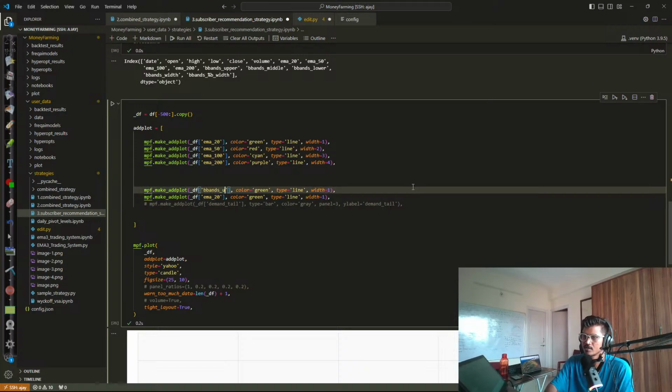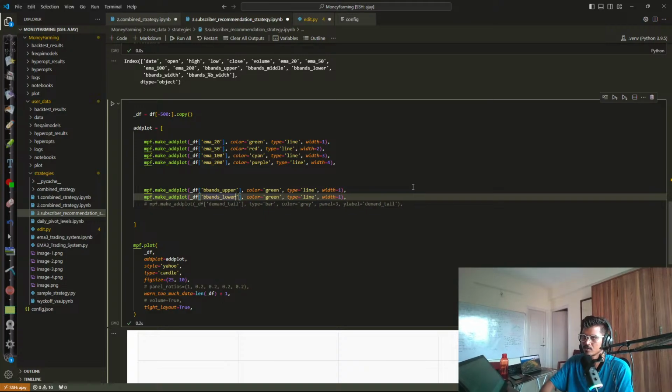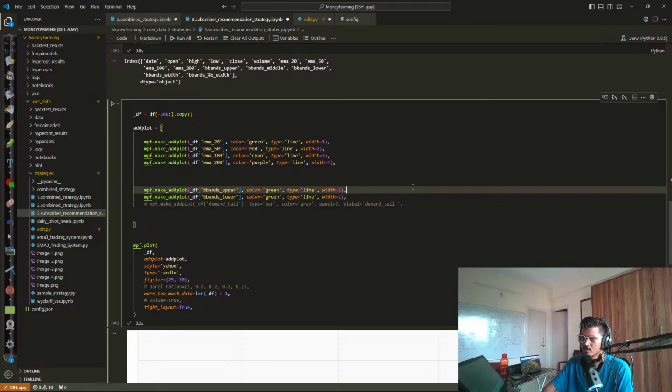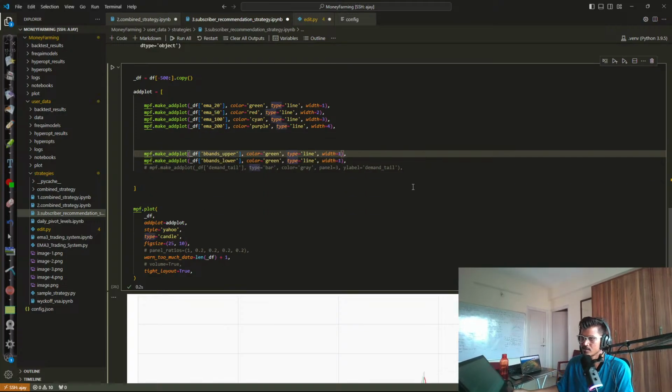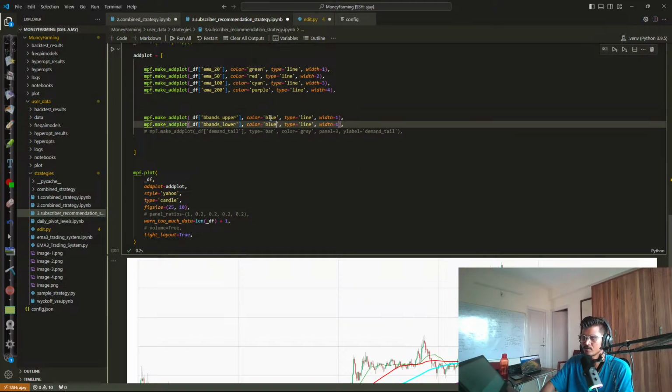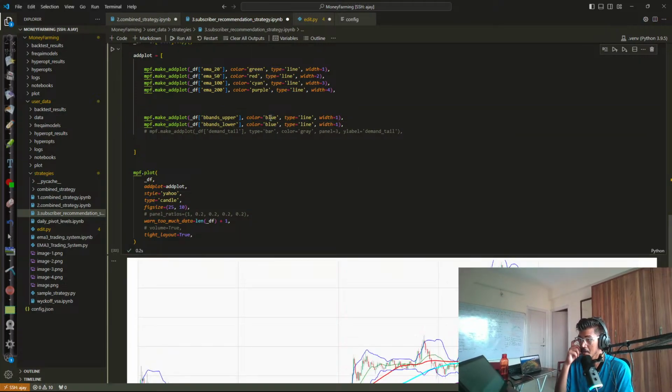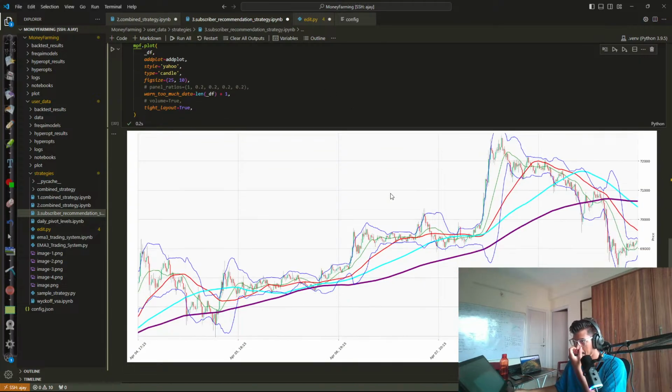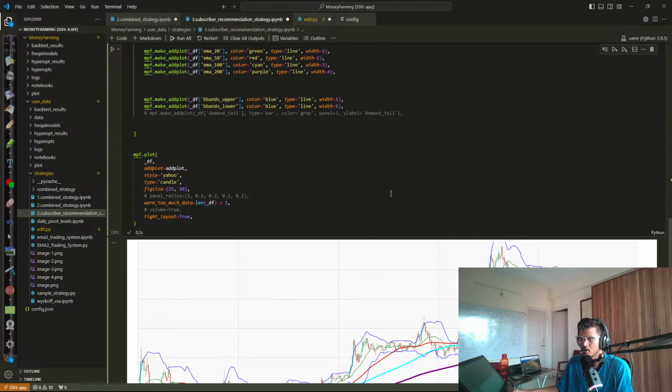So Bollinger bands upper, Bollinger bands lower. Okay, this is gonna be a blue line. Yep. So that's our Bollinger bands, and yeah. Now let's add that.